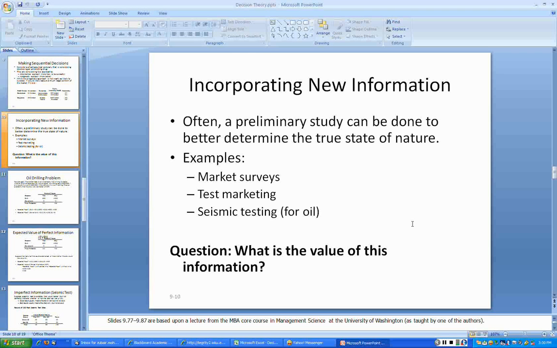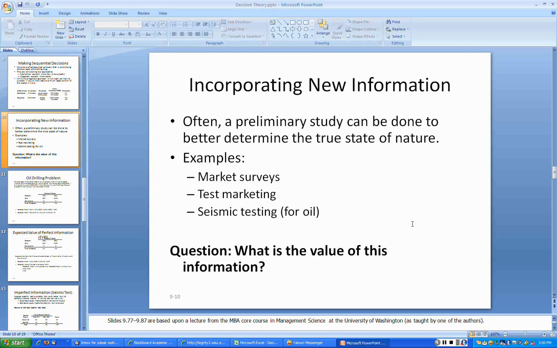Sometimes we can undertake market surveys or test marketing or seismic testing, etc. In the case of a new product, we can do a market survey of a focus group to see whether this group is going to be favorable or not favorable to the new product. We can do those in many different ways, either by asking a focus group, or we can test market the product.